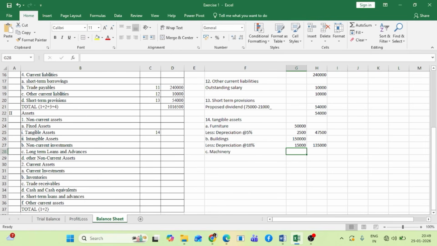Machinery amount is 1,80,000 less depreciation at the rate, it is coming 36,000. So it is coming 1,44,000. Okay, so what is the sum of this?